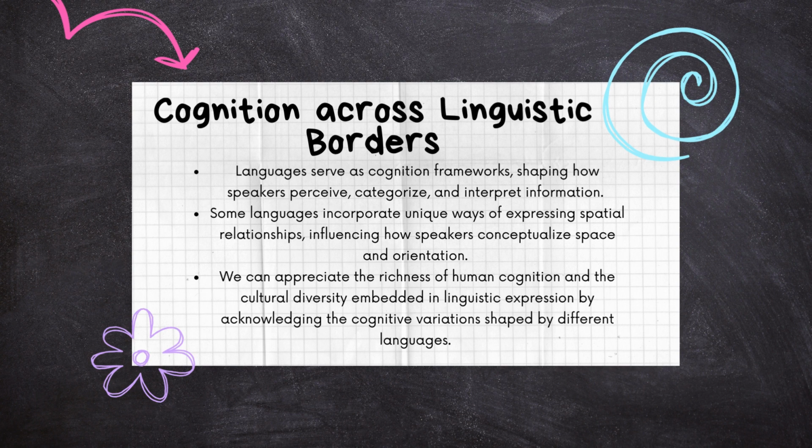Some languages incorporate unique ways of expressing spatial relationships, influencing how speakers conceptualize space and orientation. We can appreciate the richness of human cognition and the cultural diversity embedded in linguistic expression by acknowledging the cognitive variation shaped by different languages.